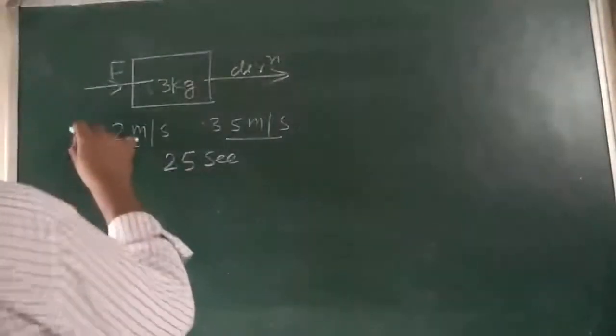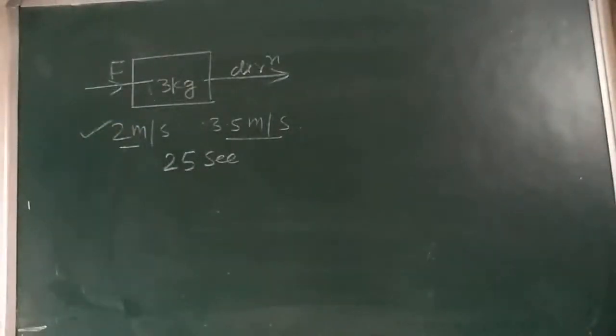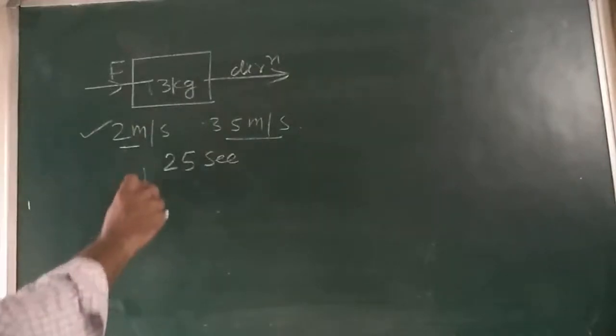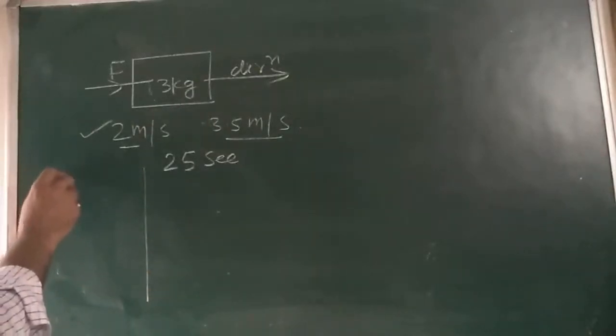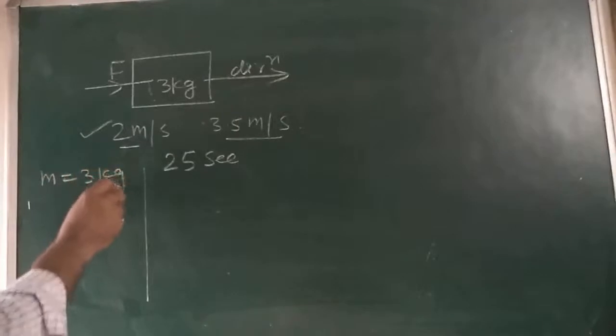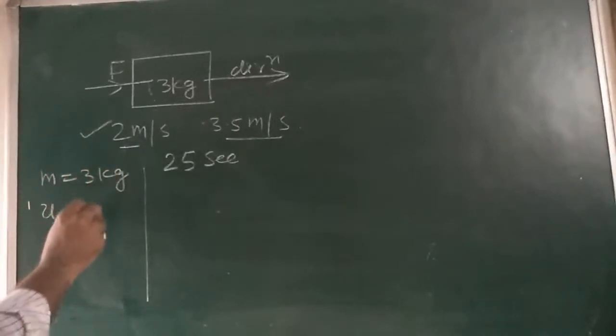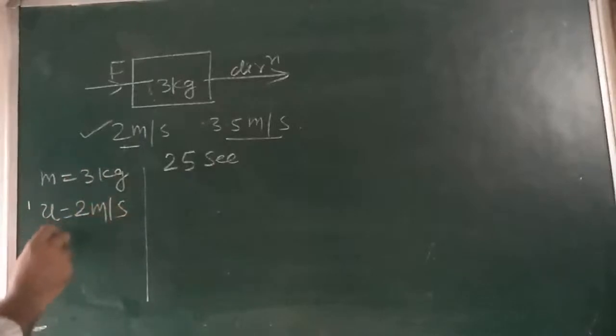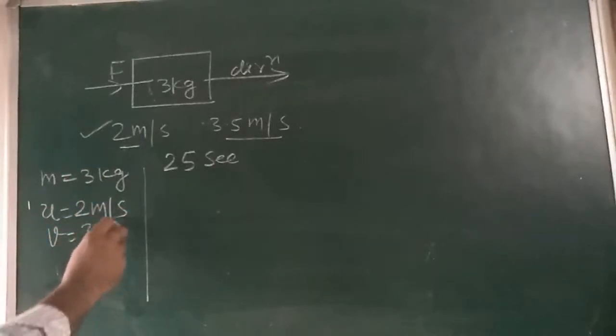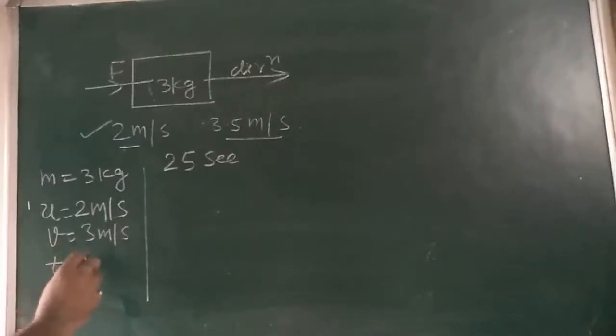Now let us see how we will do it. What are the things given? First write down M is equal to 3 kg. Initial speed 2 meter per second. Final speed 3.5 meter per second. Time is equal to 25 seconds. Force is to be found.